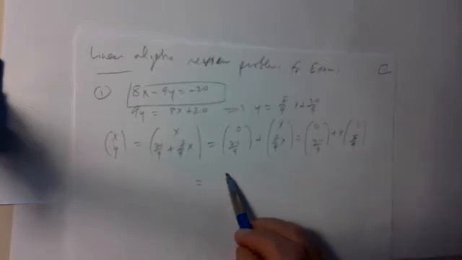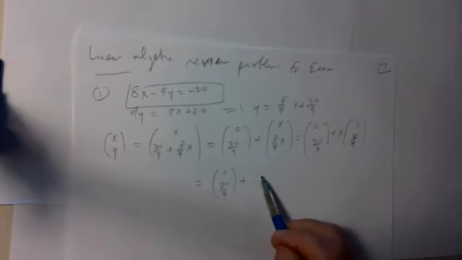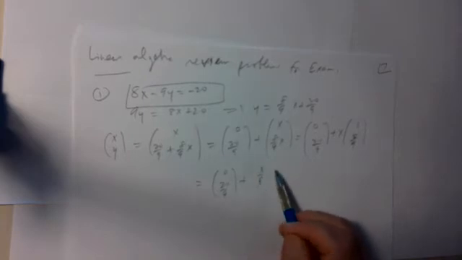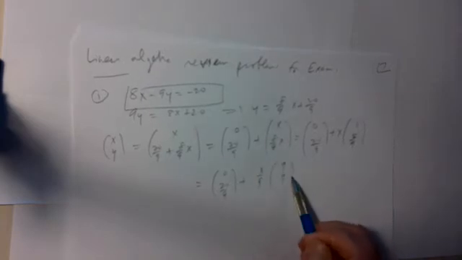Or if you like, this is the vector 0, 20 over 9, plus x over 9 times the vector 9/8.